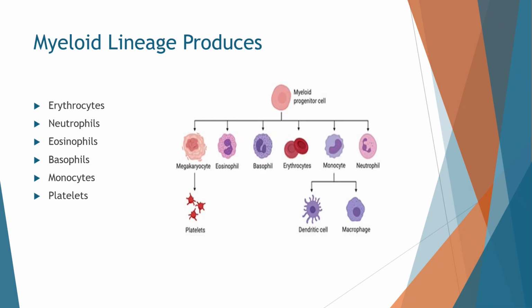And platelets, technically cell fragments, but absolutely essential for hemostasis. One progenitor pathway gives rise to an incredibly diverse workforce.